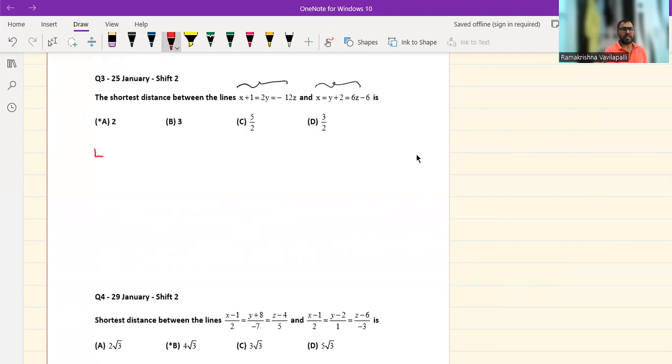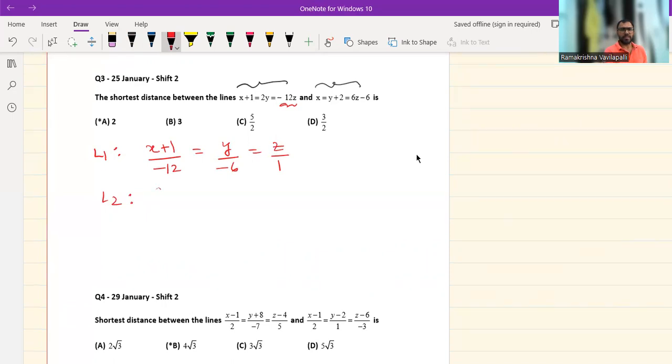The first line is x plus 1. You divide by the highest coefficient, minus 12. So x plus 1 by minus 12 equal to y by minus 6 equal to z by 1. So this is the first line. Whereas for the second line, you divide by 6.